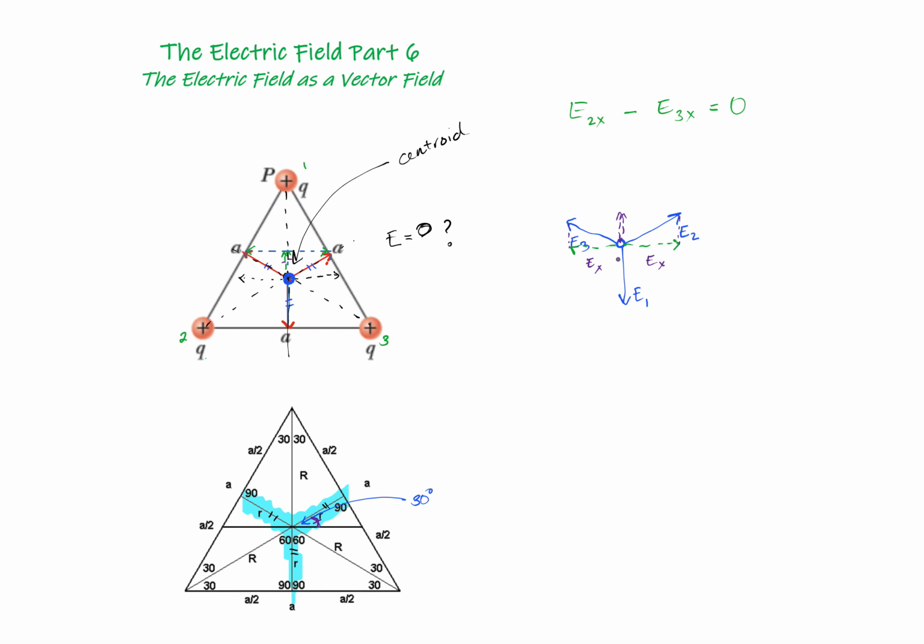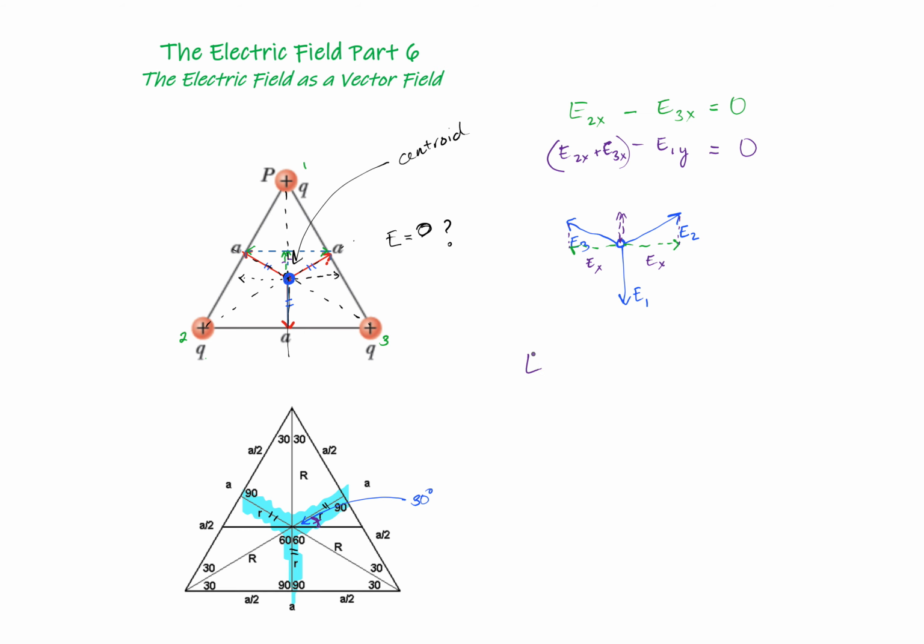So I can see here that E1 is negative, and it's all in the y, and the y values of E2 and E3 must therefore add up to the magnitude of E1. You can figure that out by looking at the dimensions here, and if I do that, I can see that it will actually sum to 0.